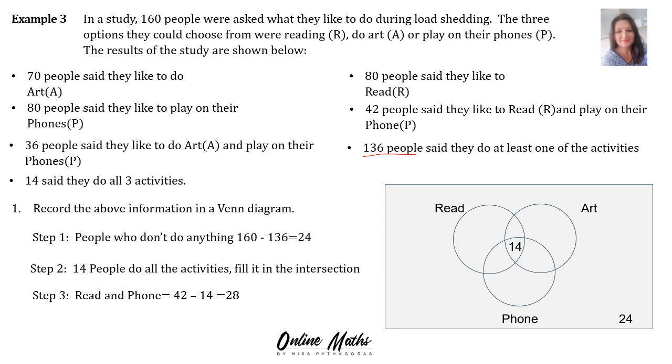Step 3. Read and phone is 42 minus the 14 that we already catered for, which is 28. So read and phone is 28. Step 4. Art and phone is 36 minus the 14 is 22, which is that one.